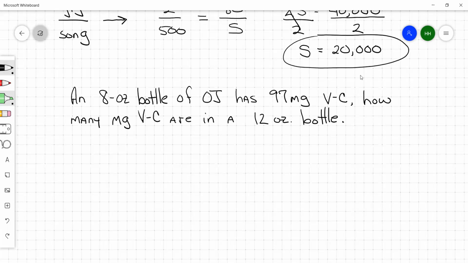All right, so I'm gonna write a proportion of ounces to milligrams. My first bottle has 8 ounces, which contain 97 milligrams. I'm going to make that equal to my 12-ounce bottle, and I'm going to solve for milligrams.